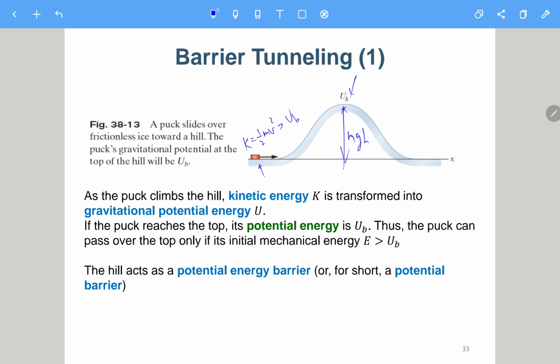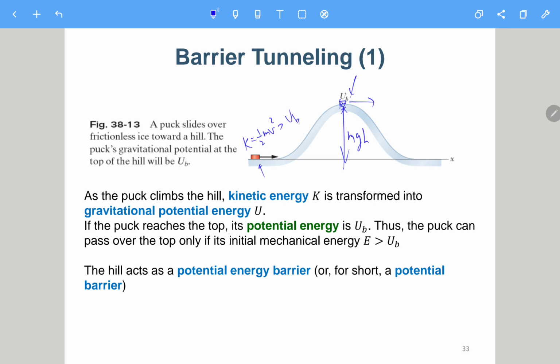If you consider there is no friction, no force between the puck and the ground, you need to assume there is no frictional force. Then K must be larger than UB, because if the puck goes to here, if K is larger than UB, then part of the kinetic energy transfers to potential energy, and there is still some kinetic energy remaining, so the puck can go through.